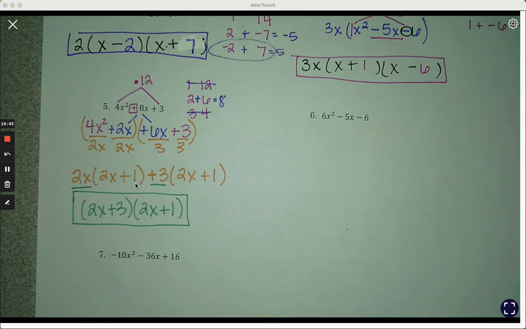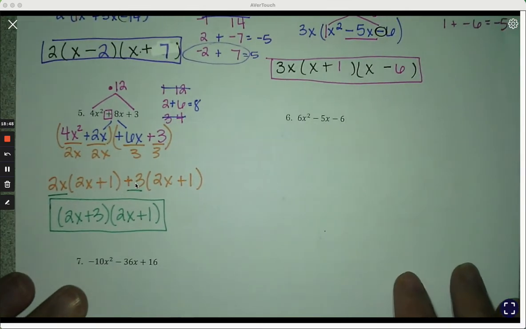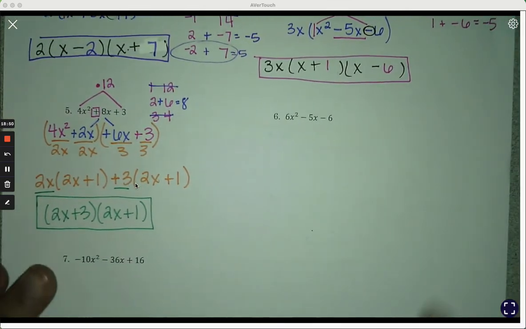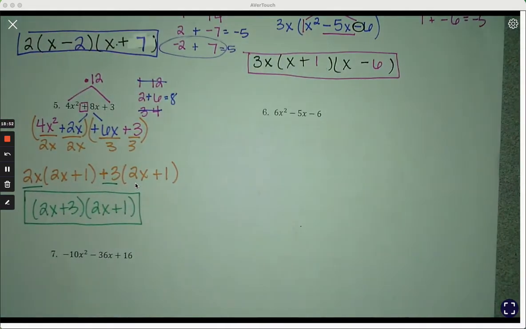All right. So now we're going to look at number 6. There's nothing I can pull out in terms of a greatest common factor, so we're going to jump right in and find the magic number.